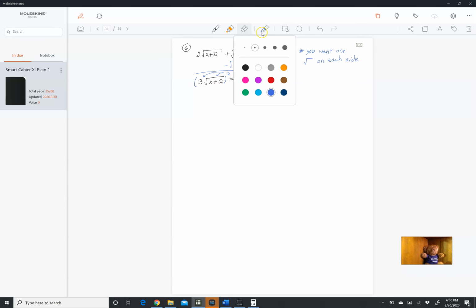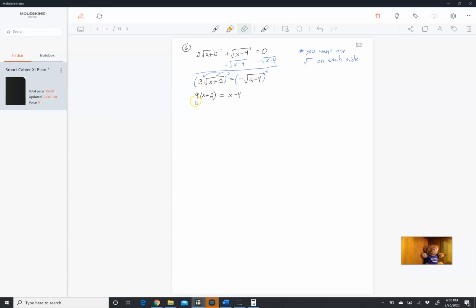So what we wind up with here is a 9 times an x plus 2. You need parentheses because the whole x plus 2 is being squared and that whole thing is being multiplied by 3 squared. Okay, so the 9 came from 3 squared. And then here, a negative squared becomes a positive, so this is just x minus 4.